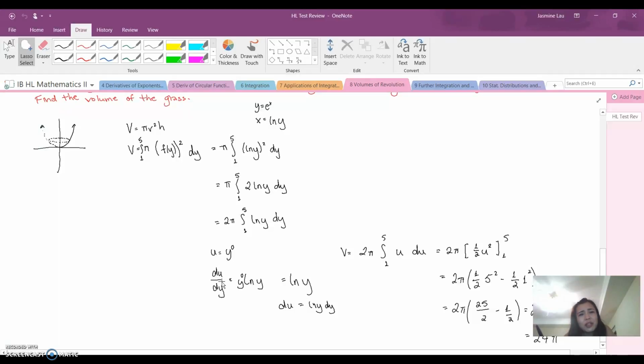So du dy equals ln y, which means du equals ln y dy. So in the end, if we plug that in, we get 2 pi times the integral of u du, so it's 2 pi times 1/2 u squared from 1 to 5. You plug that 1 and 5 in and you get 24 pi.